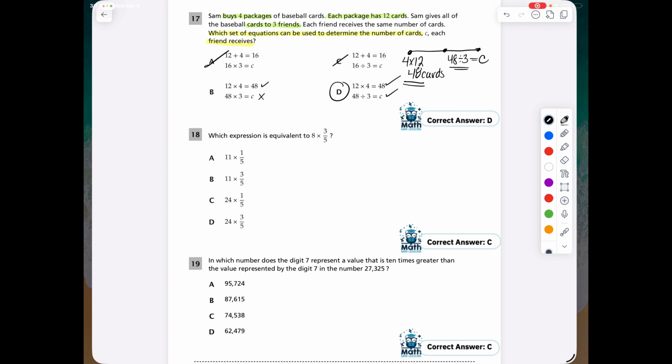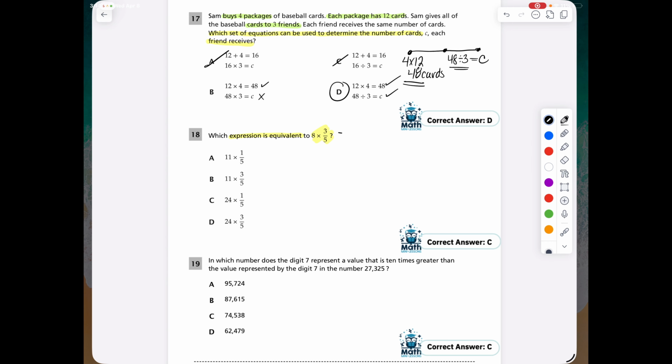Let's look at the next one. This one, I don't have to read it 3 times. Which expression is equivalent? Another one where they're testing us to see which one is the same as the expression 8 times 3 divided by 5. In this case, what I will probably do is multiply this one because none of these look the same.